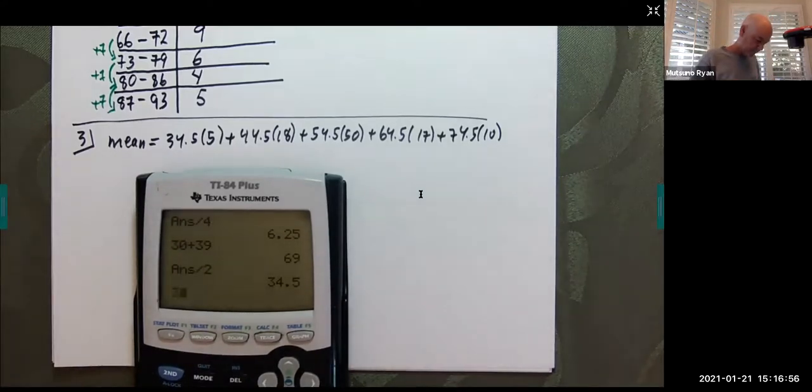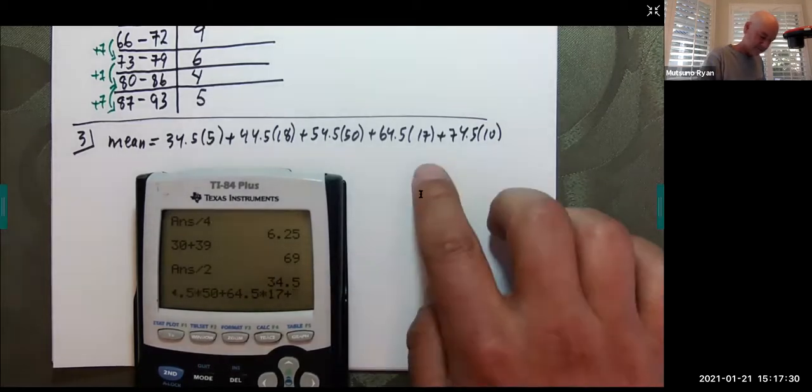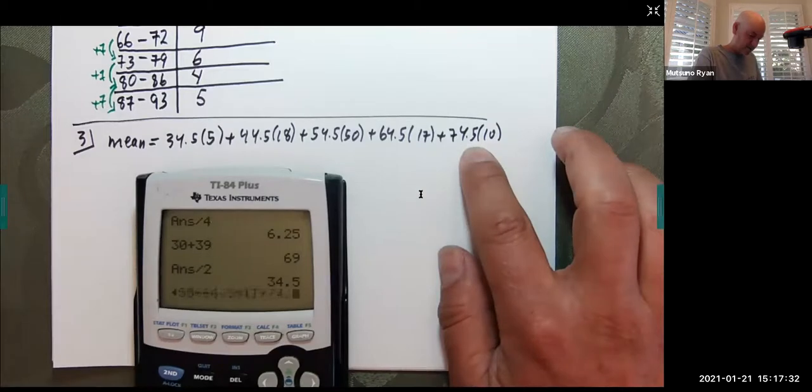So 34.5 times 5 plus 44.5 times 18 plus 54.5 times 50 plus 64.5 times 17 plus 74.5 times 10.